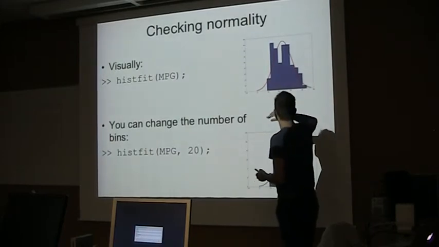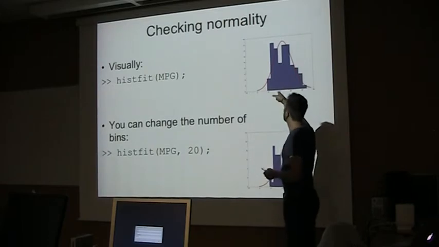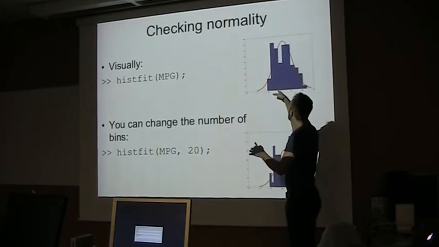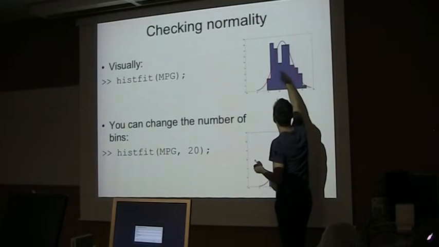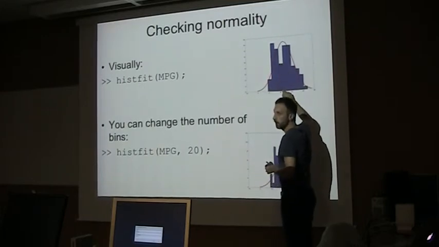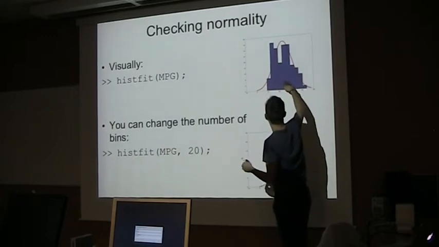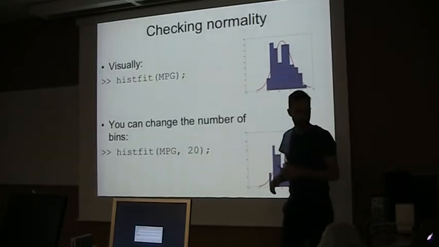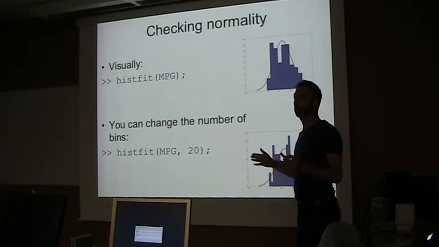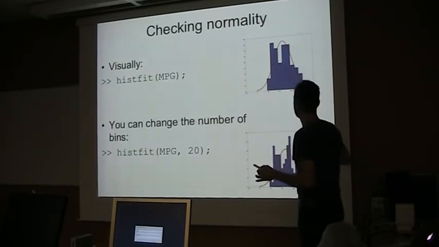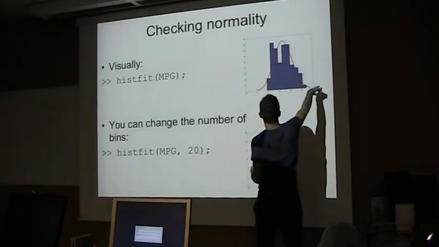So say this is miles per gallon 50. Well, there's maybe 20 cars which have this value, and there's more cars which have 45 and 55. Okay? Well, a normal distribution, you probably know, has this Gaussian shape, which is represented by this red line.